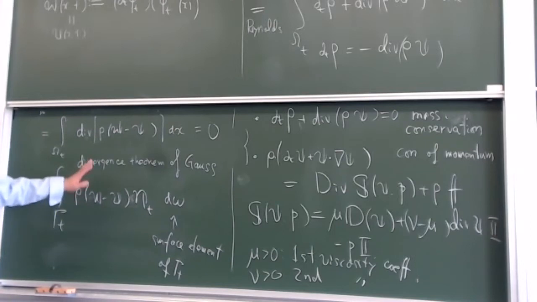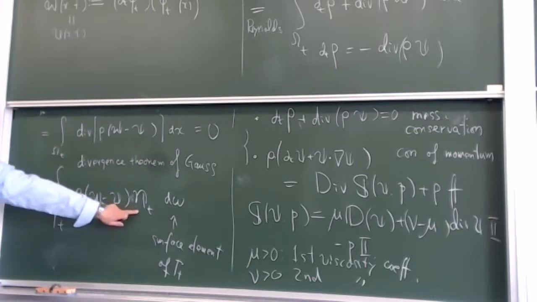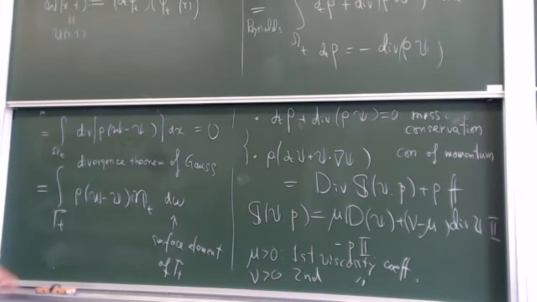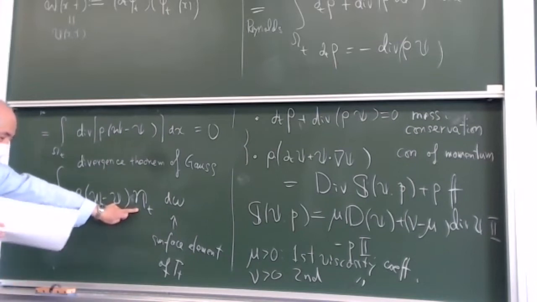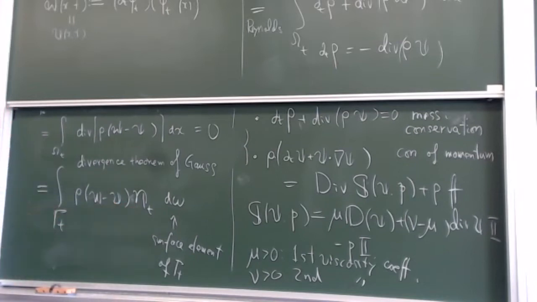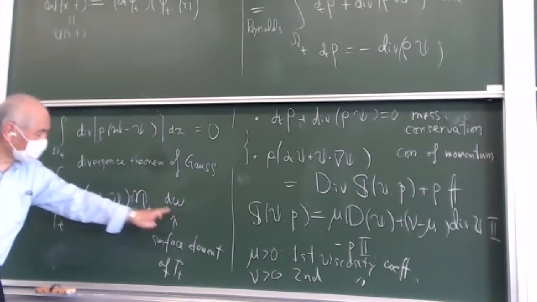Okay, this formula. So the bulk space and the boundaries are connected in this way. The divergence goes to the normal component, normal to gamma t, and this is a surface element.